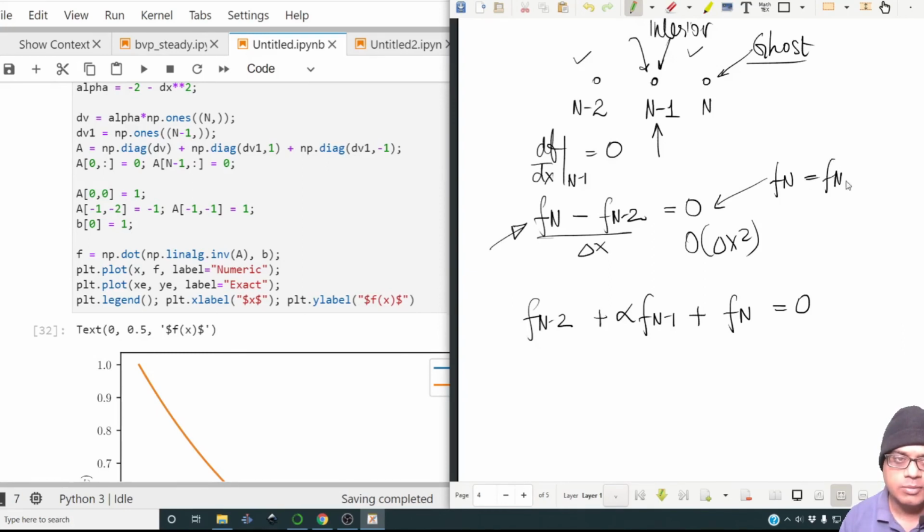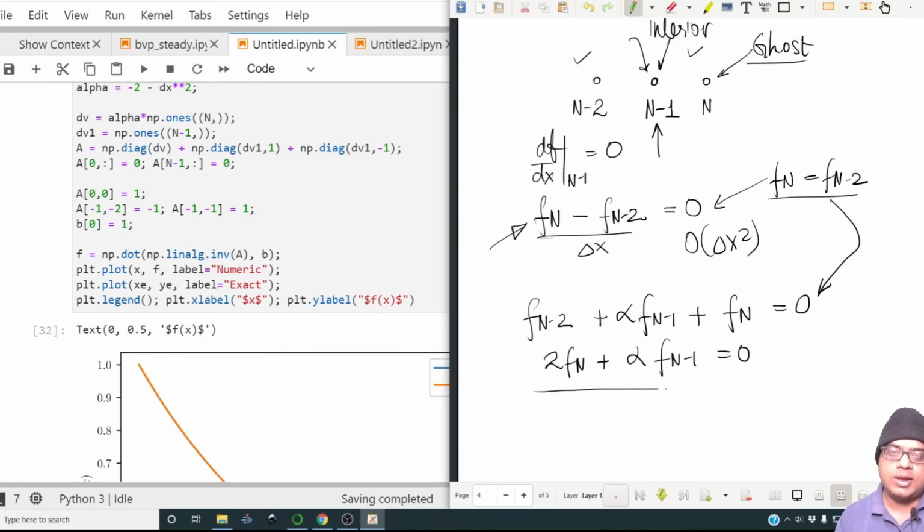f_n equal to f_{n-2}. So substituting this over here, I will have twice f_{n-2} plus alpha f_{n-1} equal to 0. And now this is the last equation that I should modify everything to.